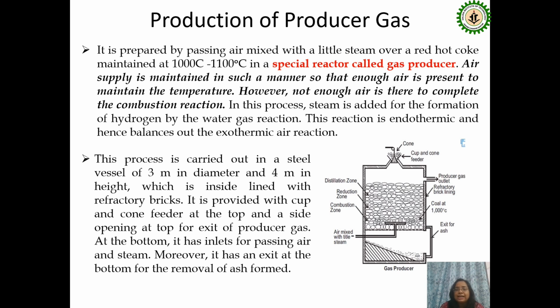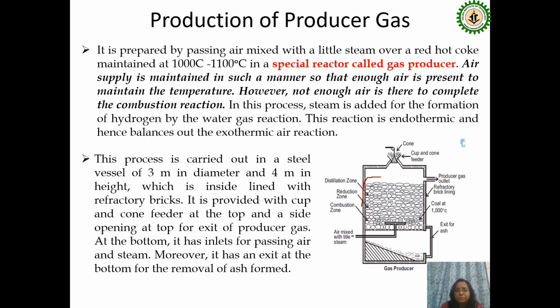In the reactor, the diameter is around 3 meter and the depth of the reactor is around 4 meter, and the sides of these reactors are generally lined with what? Refractory bricks. Refractory bricks mainly act here as the insulating medium to stop the heat exchange with the surrounding material.